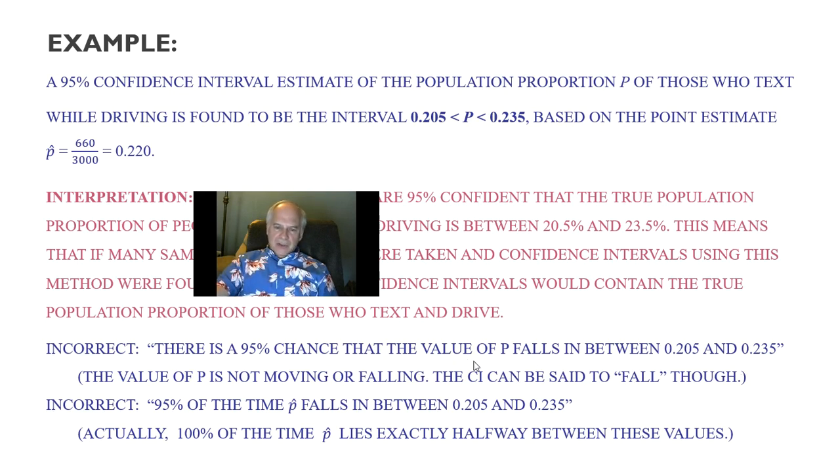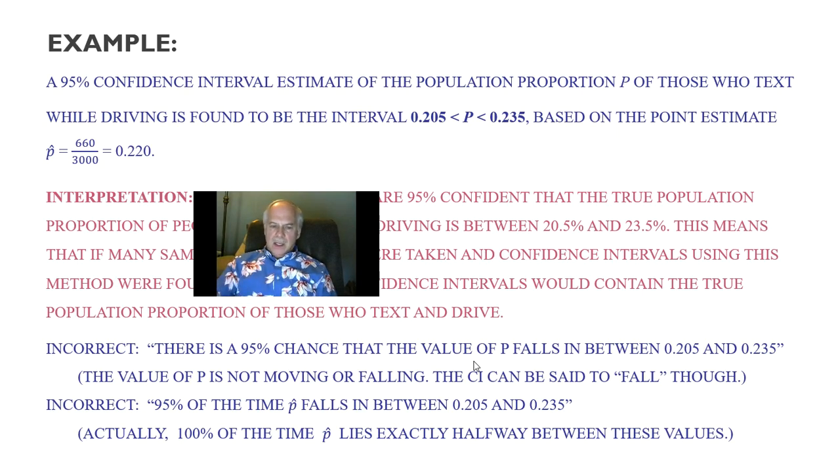The population parameter is not moving. It's fixed. What is changing is the p-hat values, the sample proportions, and the confidence intervals. Those are moving, and so the confidence interval is falling, and sometimes it'll contain the population parameter and sometimes it won't.